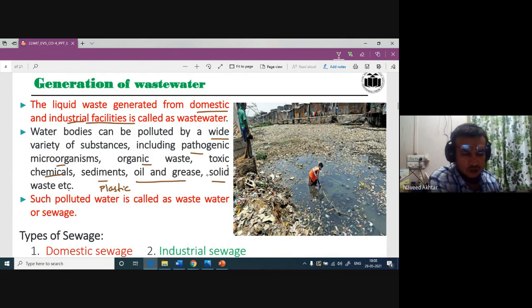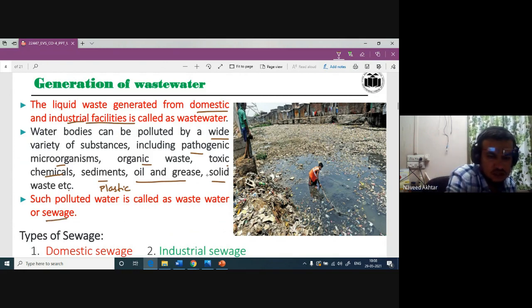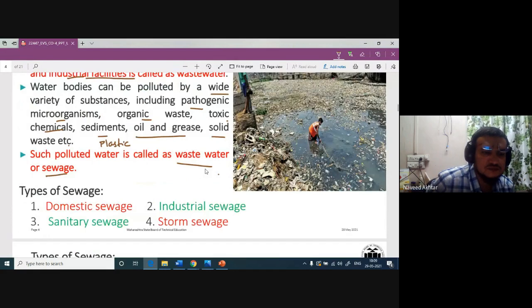Such polluted water is called wastewater or sewage. You can see in this photograph how much pollution there is in sewage water.